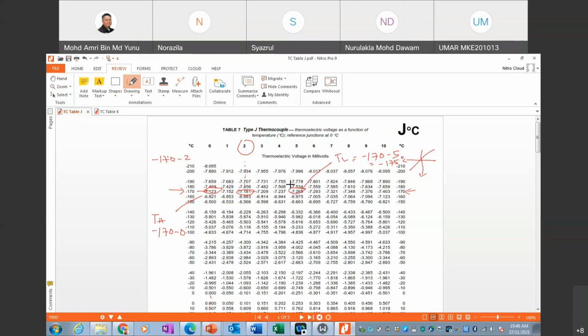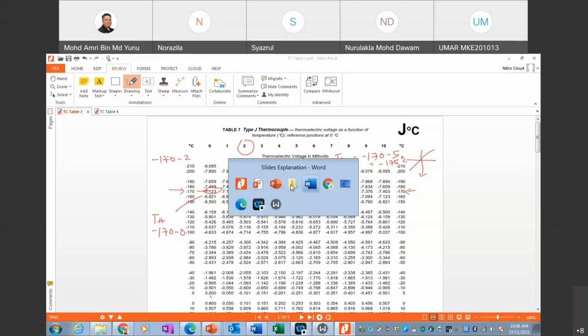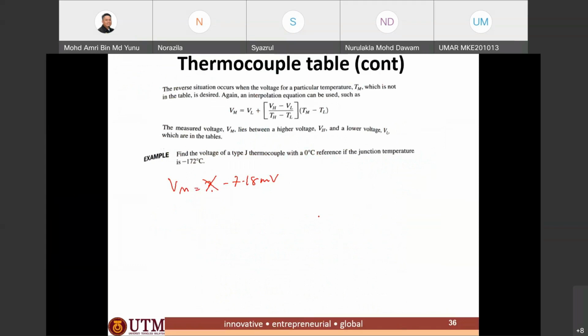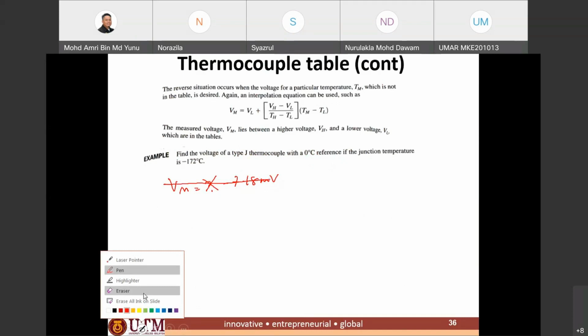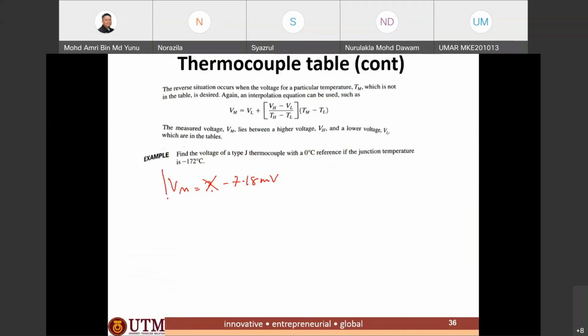Let's say we assume we don't have the exact value here.